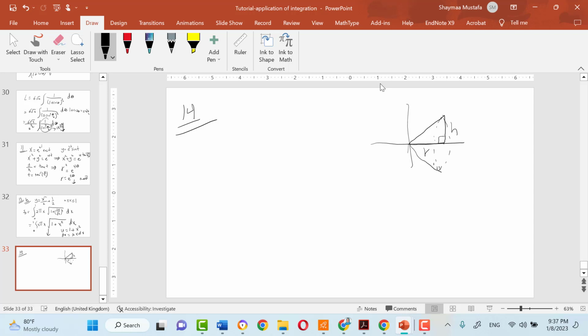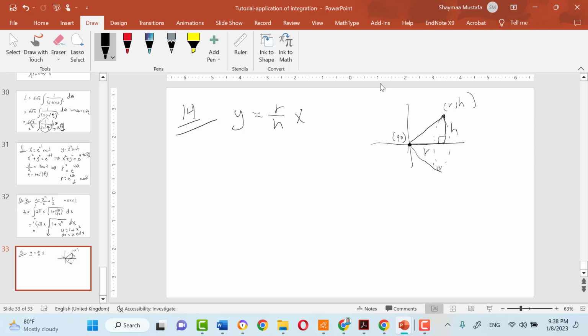We need to find the area of this cone, so you need to find the function first. This line is our function, with the point (h, R) and the point (0, 0). If we find the equation of the line, it will be y equals R over h x. So this is our function.